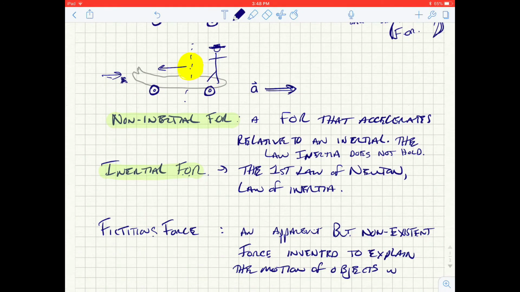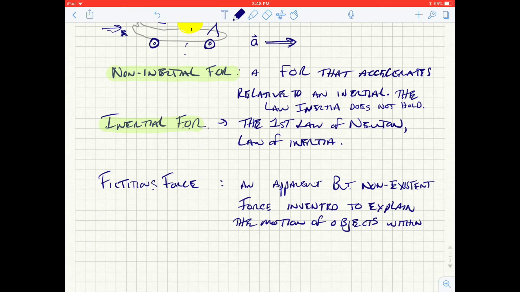And here's the important point: within accelerating or non-inertial frames of reference, we call those fictitious forces.